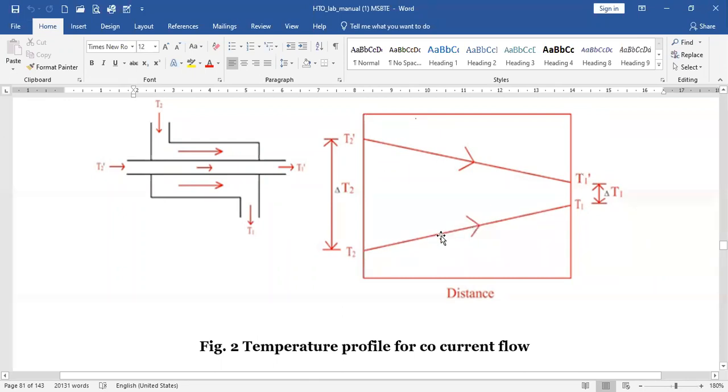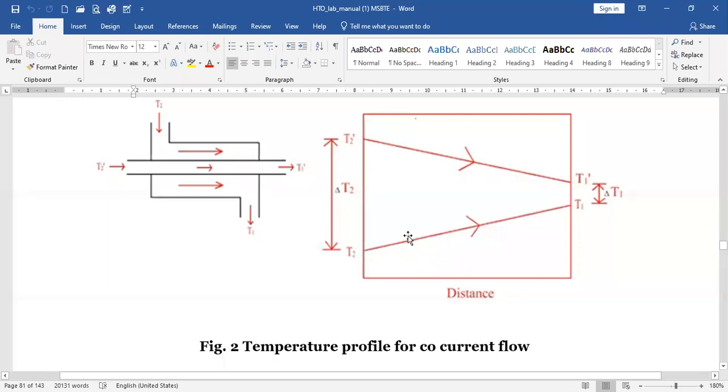How does it indicate this? Because the hot fluid gives out its heat, that is, heat is given out by the hot fluid, and that is why this temperature decreases with respect to the length of the heat exchanger, and heat is gained by the cold fluid, and that is why this temperature increases from T2 to T1, or whatever the parameters are.